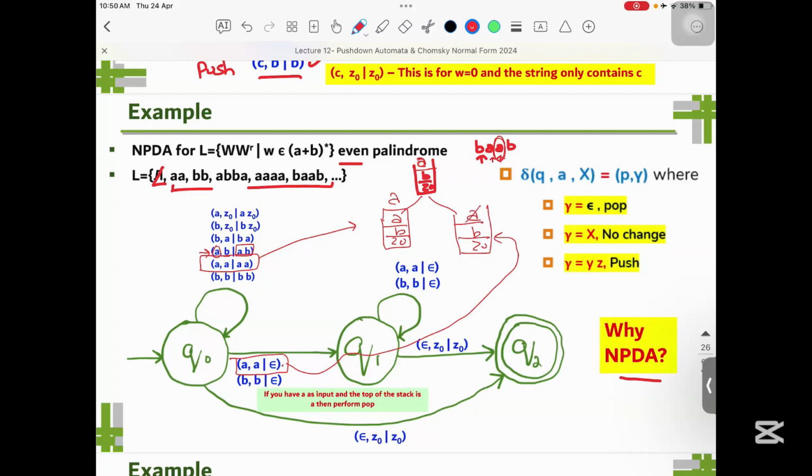Now, when we come to B, for this one we are still in Q0, while for the other we are in Q1.